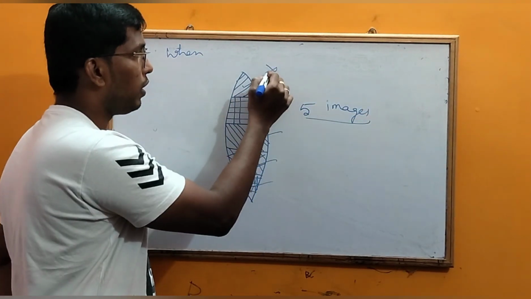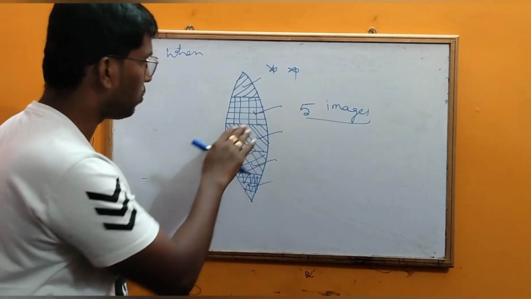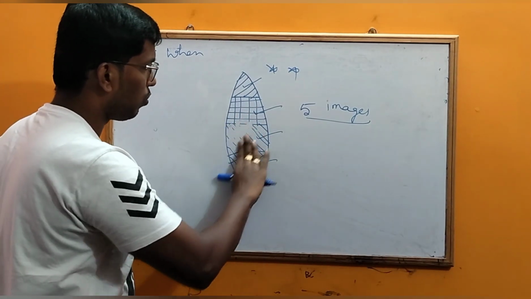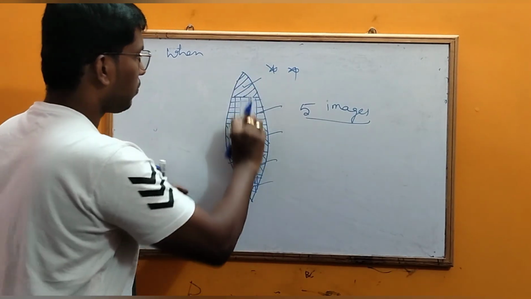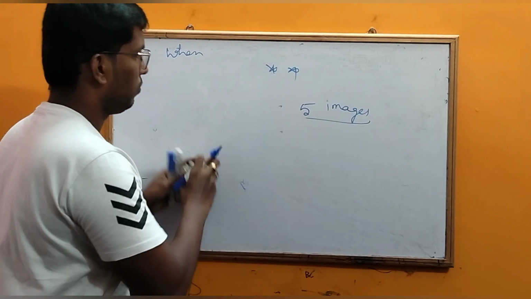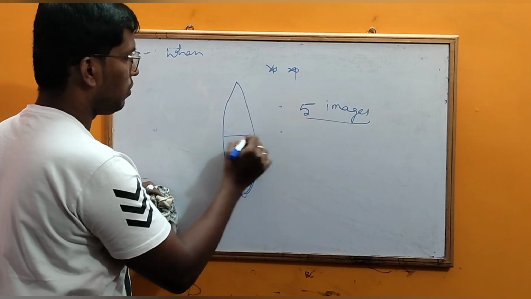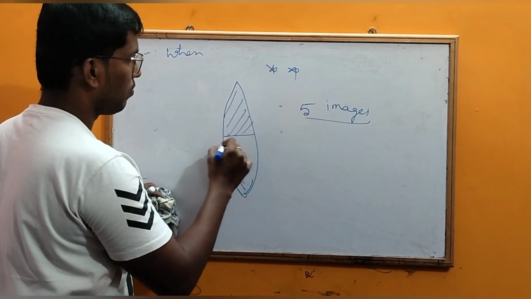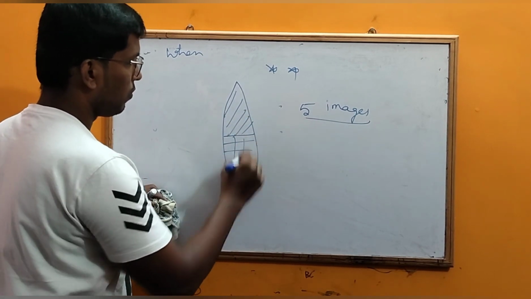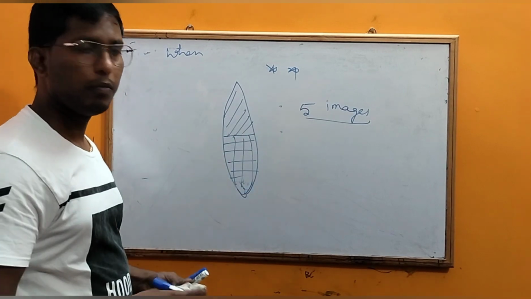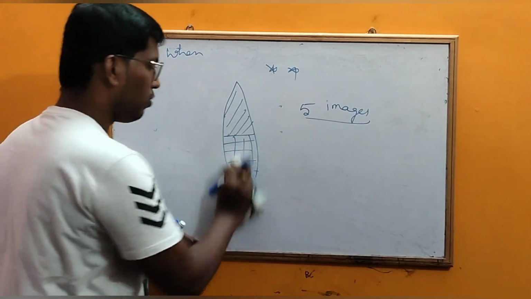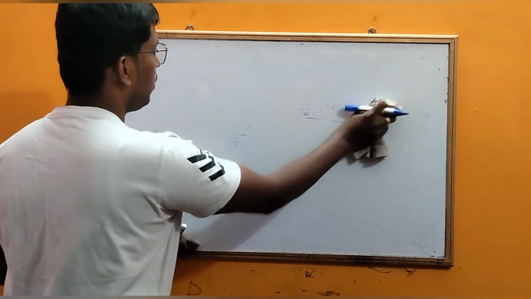This is also a very important question that you should remember. Suppose I divide the convex lens into only two parts, how many images will form? 2. Understood? This is also one of the important questions.